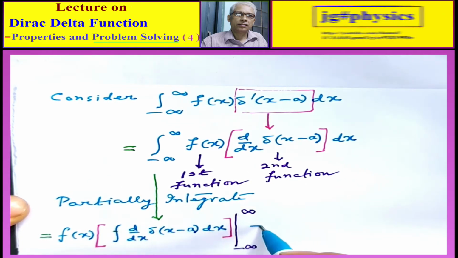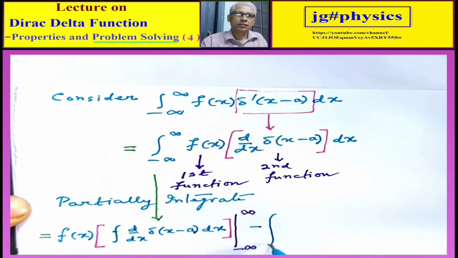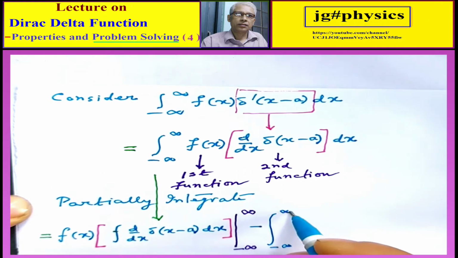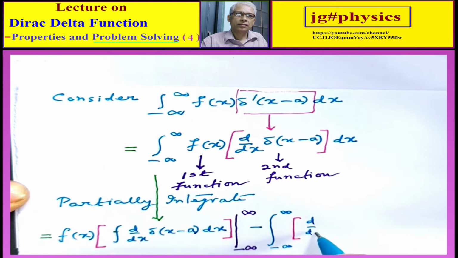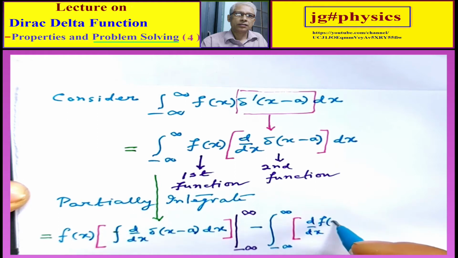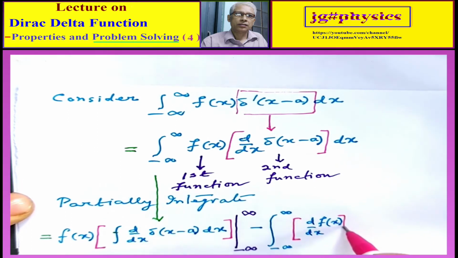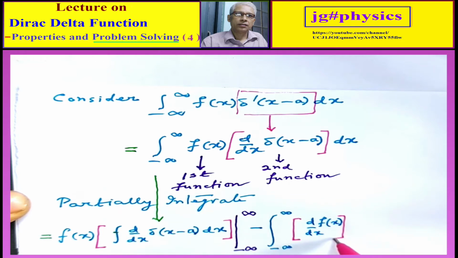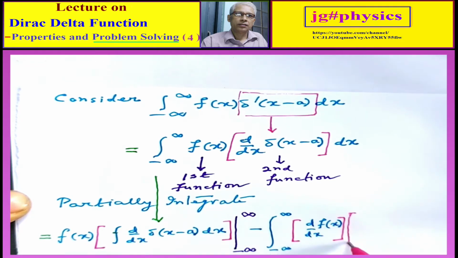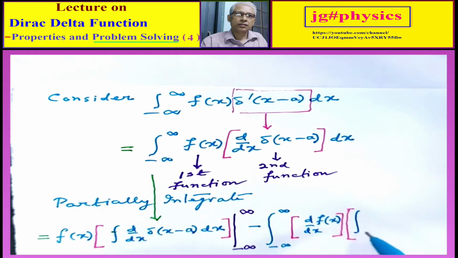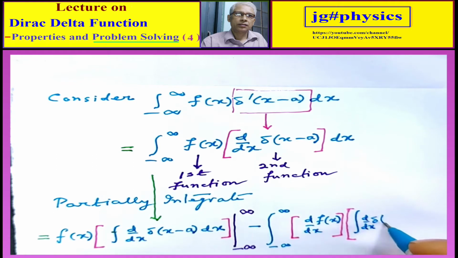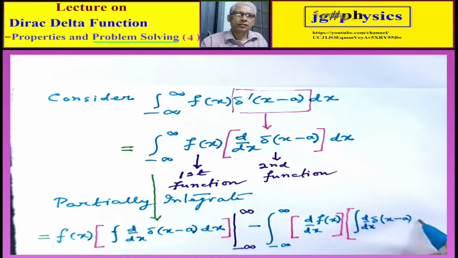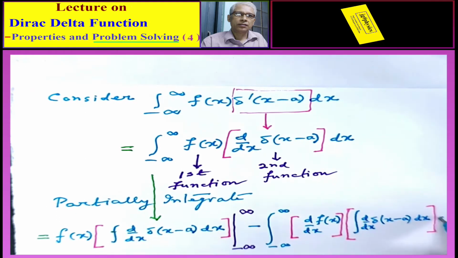So this is the first term, and the second term is integration minus infinity to plus infinity, the first derivative of the first function f of x multiplied by integration over the second function. So this is the second term.